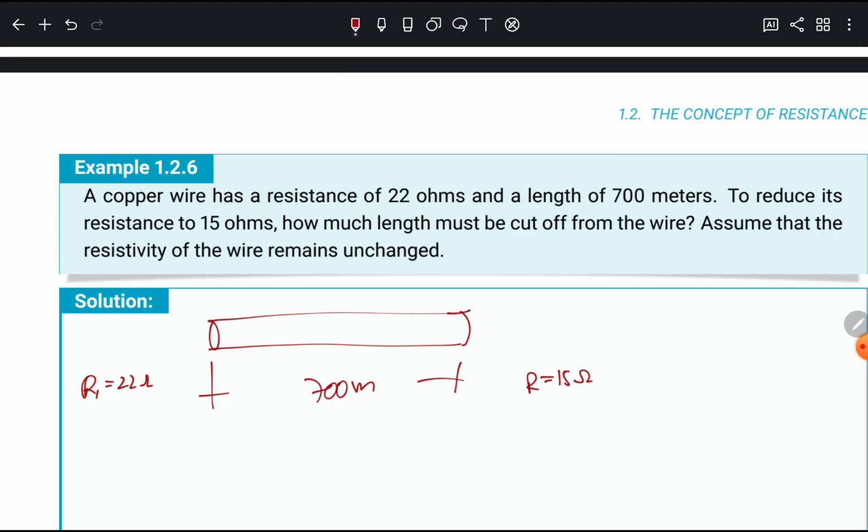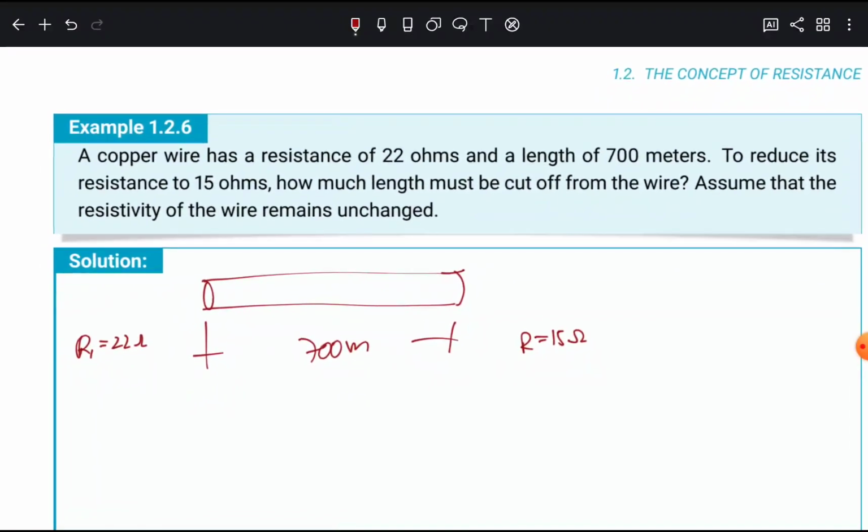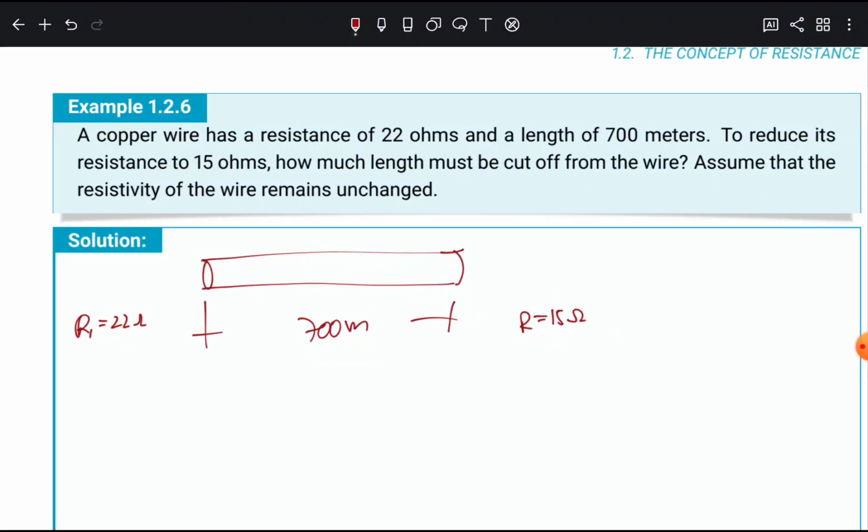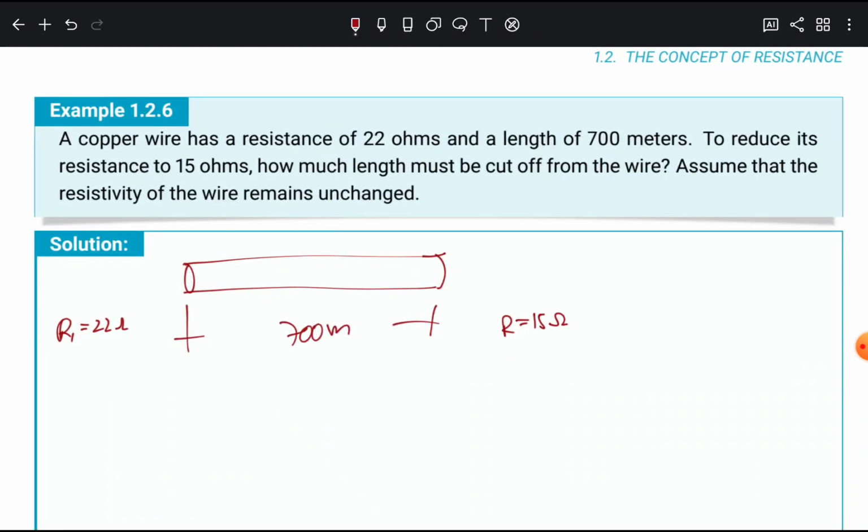But to do that, the problem doesn't include drawing the wire, meaning changing the area, but instead we cut some part of the wire so that the resistance will also decrease, because we know that length is proportional to the resistance.